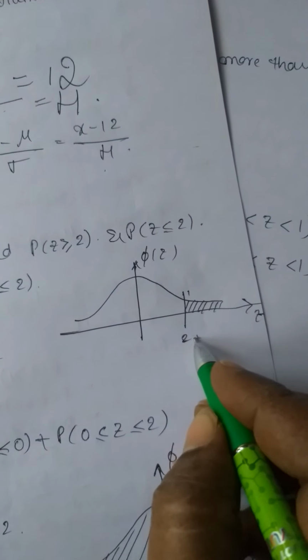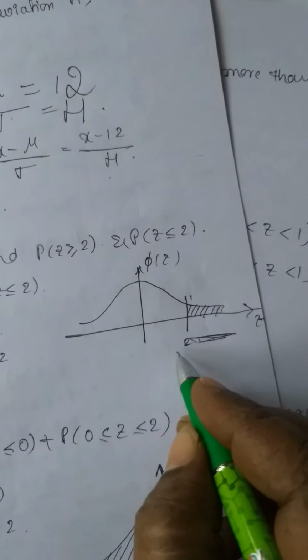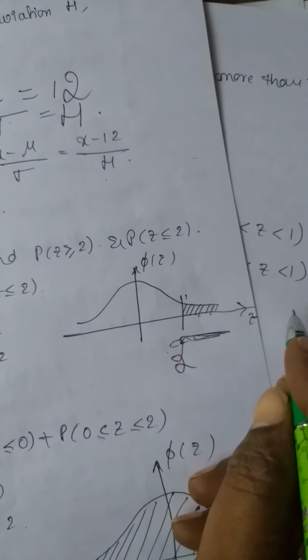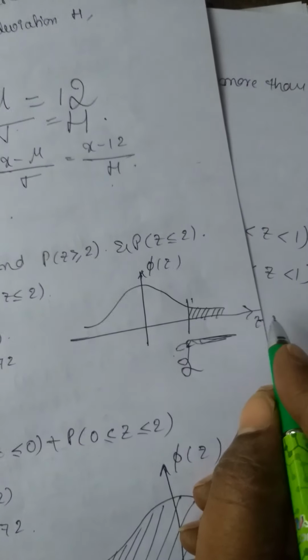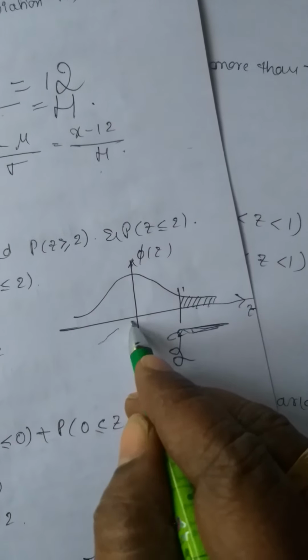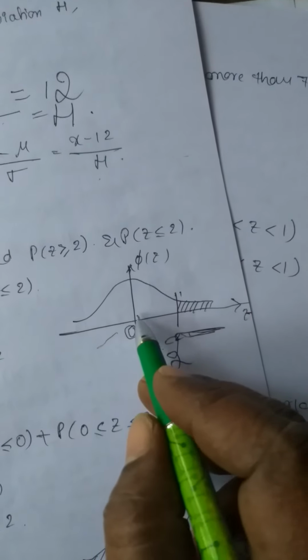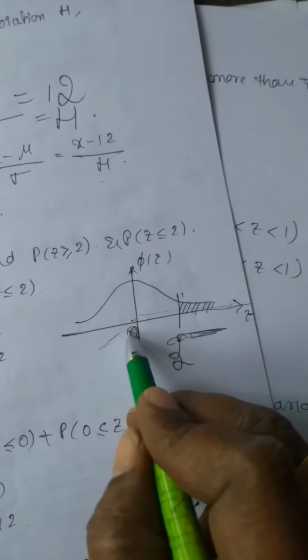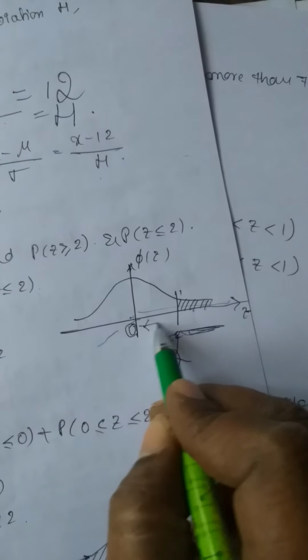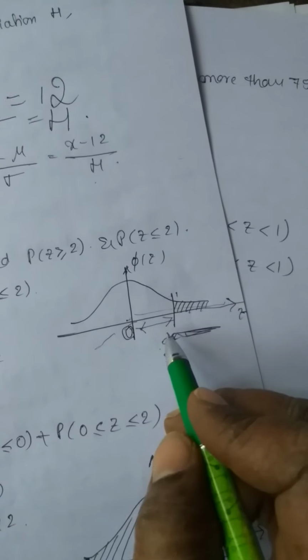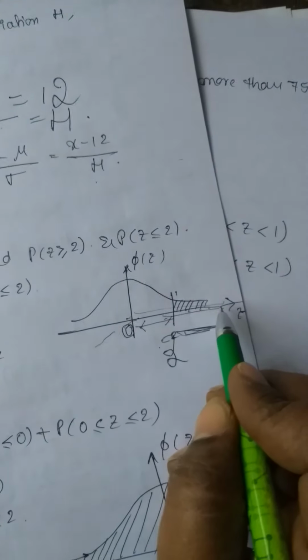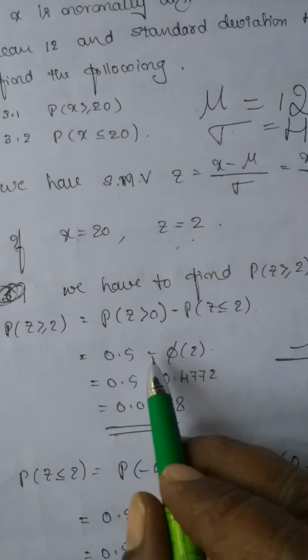Actually we have to calculate from 2 onward. This is 2. From here to this entire region we have to calculate. How can we do that? First from 0, I'll consider this entire region. From there I'm going to remove this part. Once you remove this part from the entire half, then you are going to get from here to there, correct? That's what we have done here.